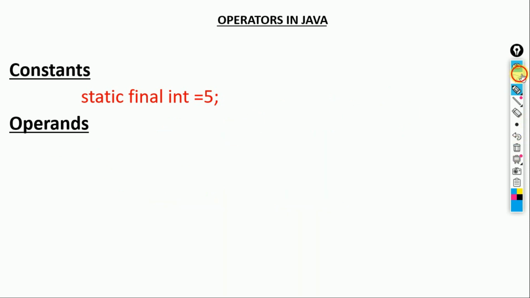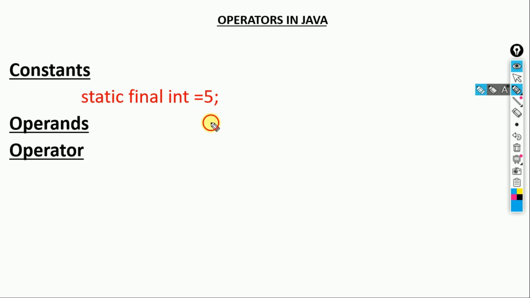Now the next term, which is the game changer, is the operator. The operator is used to carry out the operations. There are different operators, as I have told you earlier: arithmetic operator, assignment operator, comparison operator, and a lot more. For example, take the minus operator.